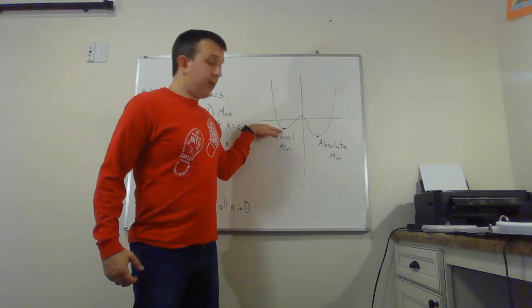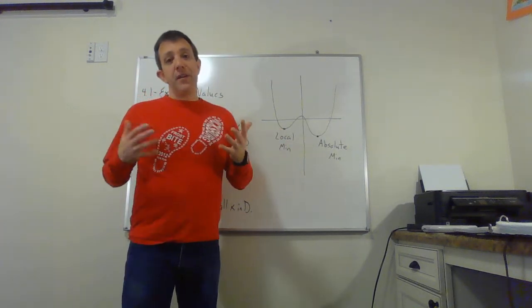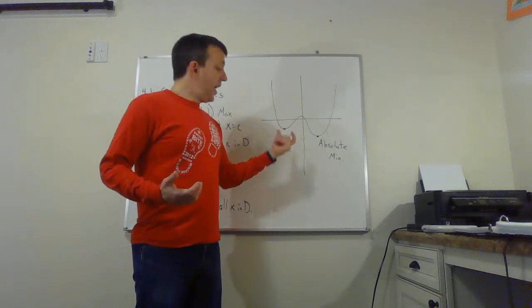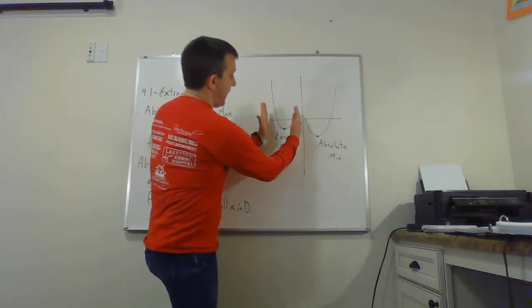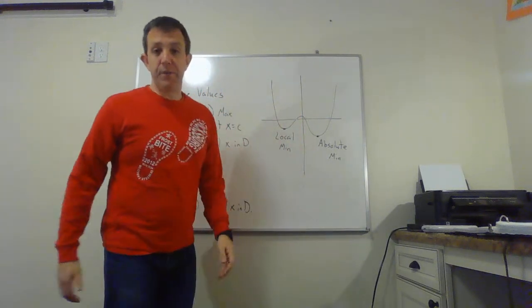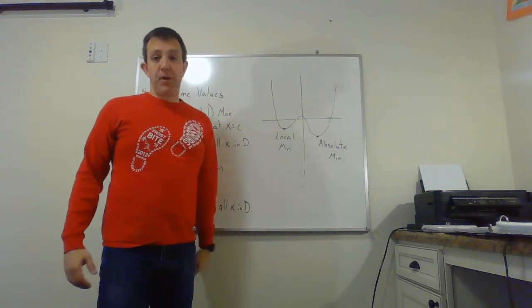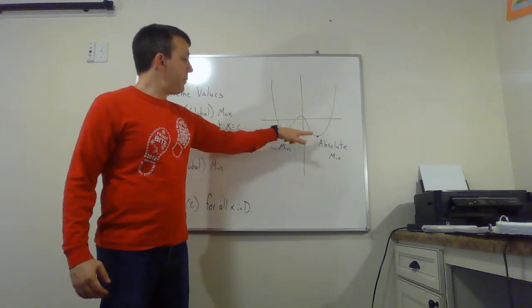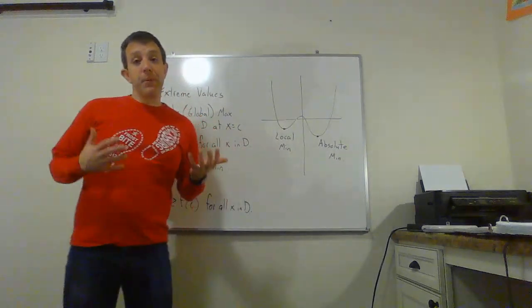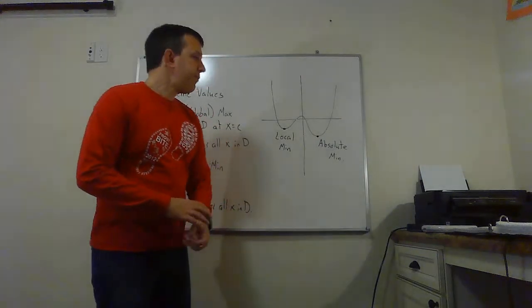A local minimum, it's kind of a minimum, right? I mean, right here, it's the smallest value, but that one's smaller. So we're going to be able to work with both of those. We're going to be able to find both of those.